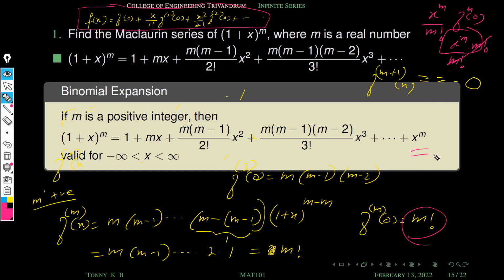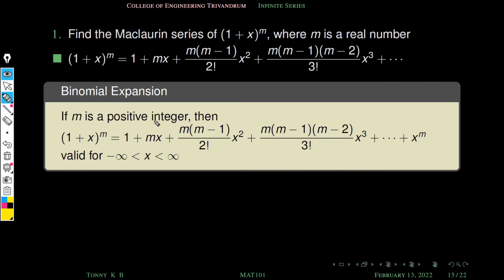That's why here the last term is x raised to m. So this expression is called the binomial expansion, and this is valid for all real numbers, because if m is a positive integer, this function is continuous everywhere. So this is valid for all x.